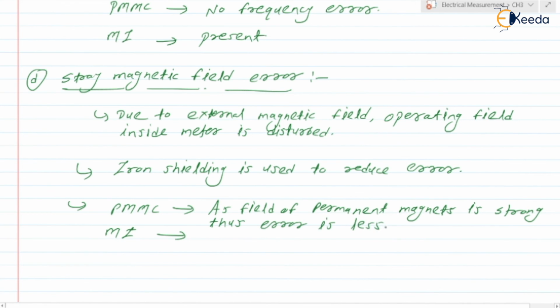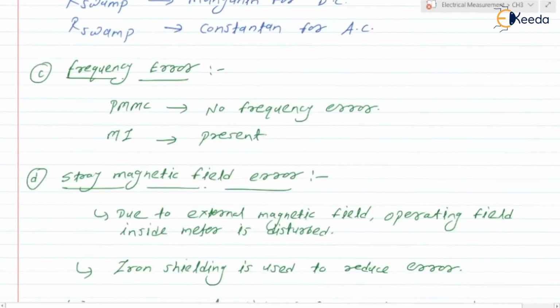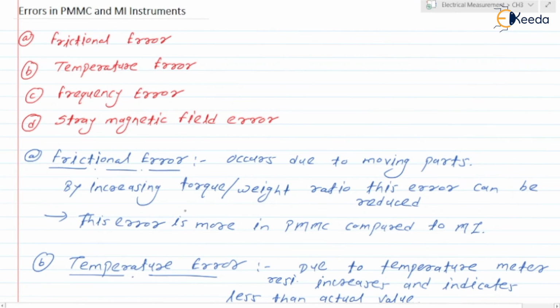As the operating field is strong, the effect of the surrounding magnetic field will be lesser. Whereas in MI, the operating field is weak, therefore the error is more. This is about the errors in the moving coil and the moving iron instruments. Thank you.